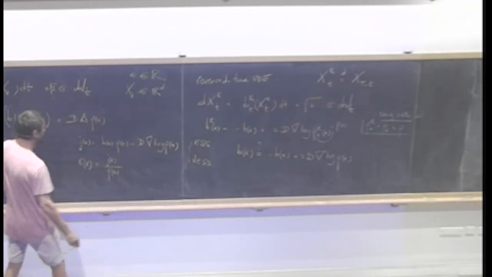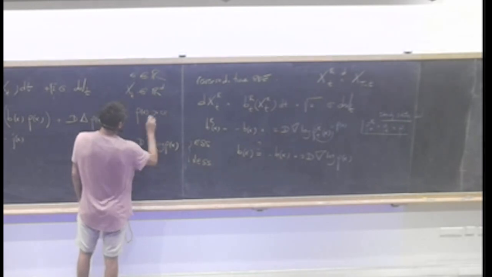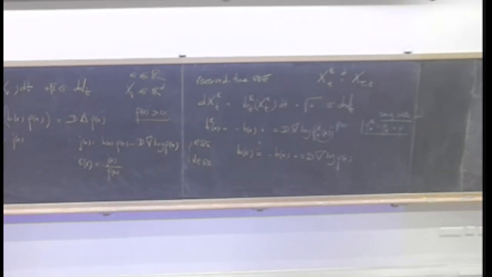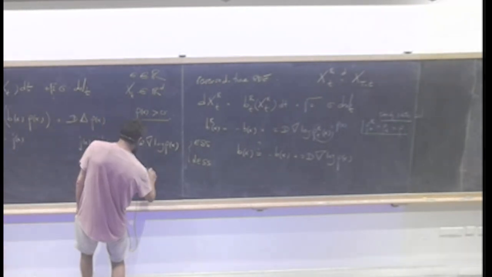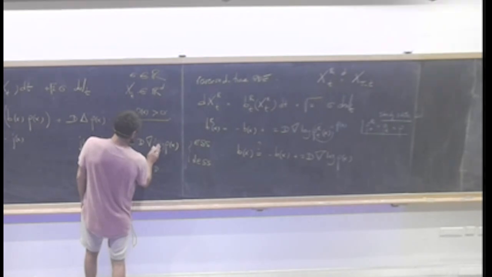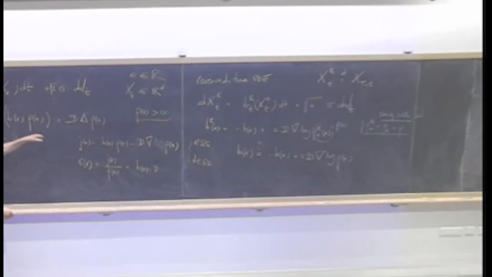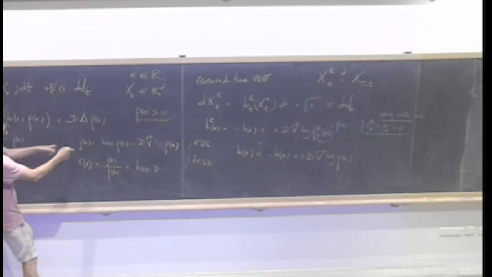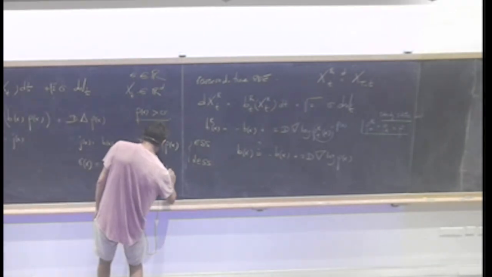I'm making the assumption here that this division makes sense, right? This is b of x minus... sorry, there's no log here. The current is just the divergence. I'm using scalars; in a minute I will generalize that. But in the velocity, now you need to put the log.